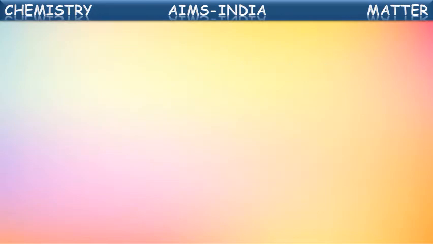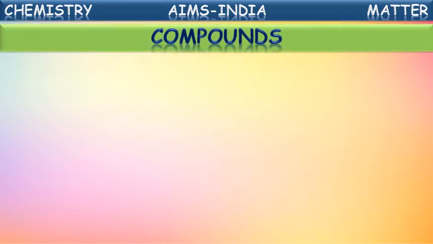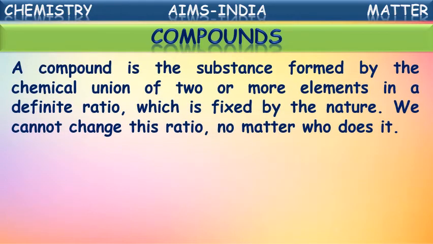Let us see the next one: compounds. We have learned what an atom is and what a molecule is. Now, a compound is a substance formed by the chemical union of two or more elements in a definite ratio.